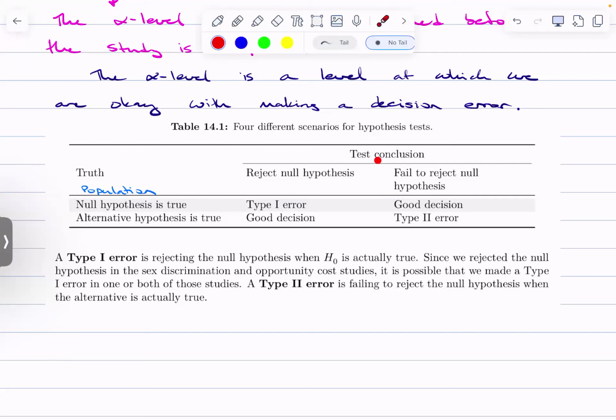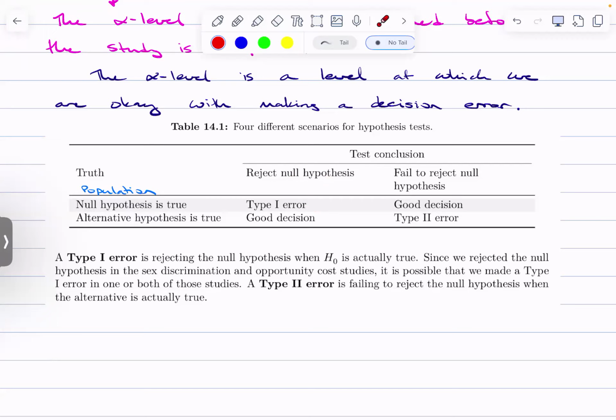And then our test conclusion: I can reject the null hypothesis. If I reject the null hypothesis when the null hypothesis is true, that's a mistake. If the null hypothesis is true, it means I should keep it. I shouldn't reject it. And if I reject it because it just happened by random chance alone, just like we saw in those randomizations, then I'm making a type 1 error. So rejecting H naught when H naught is true is called a type 1 error.